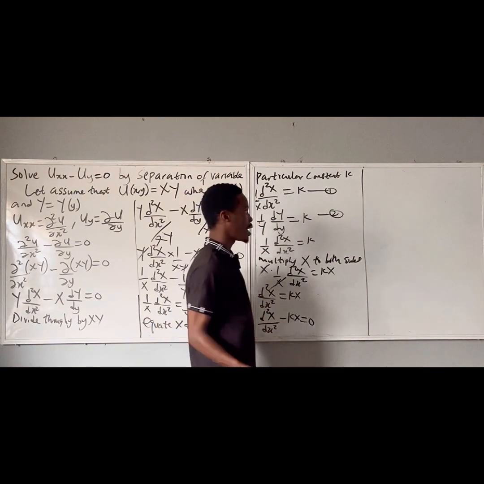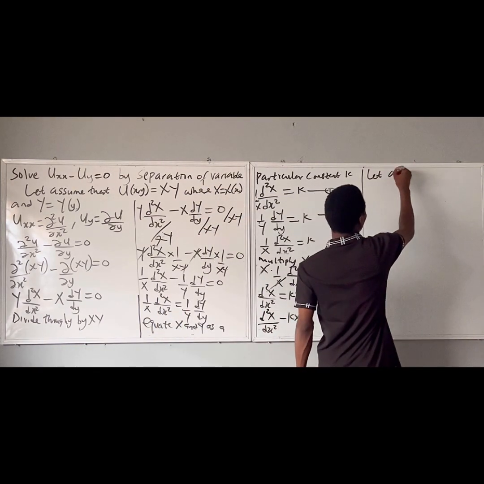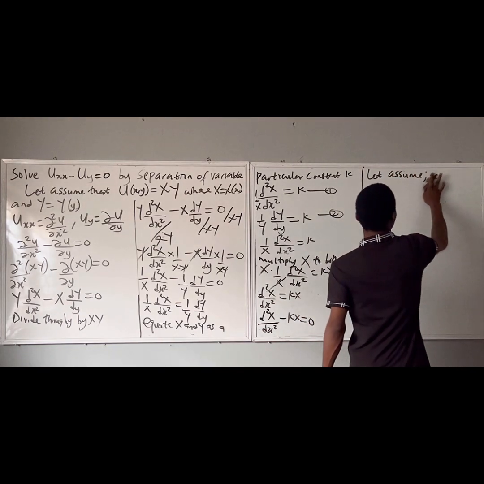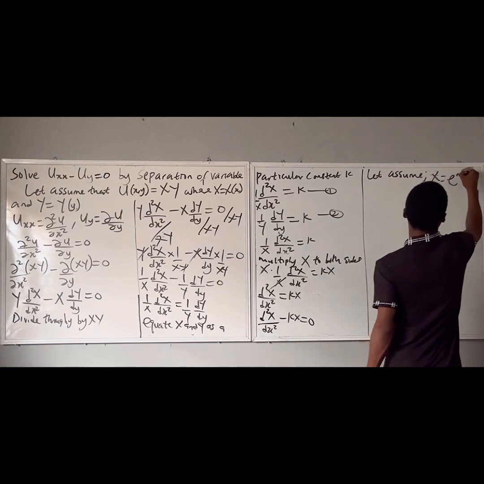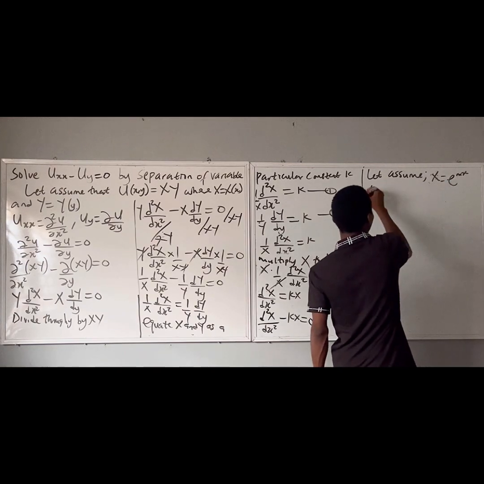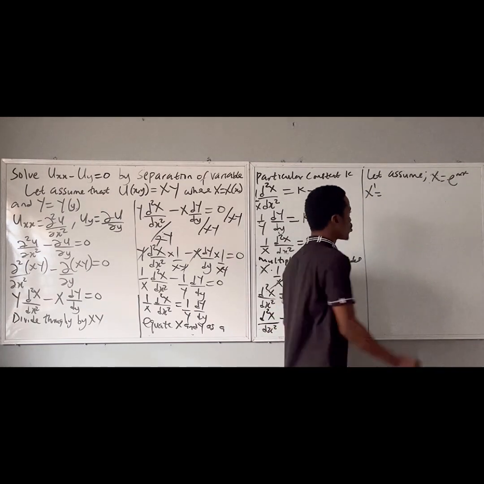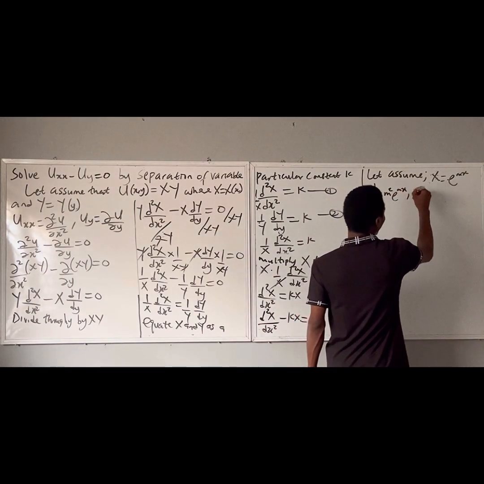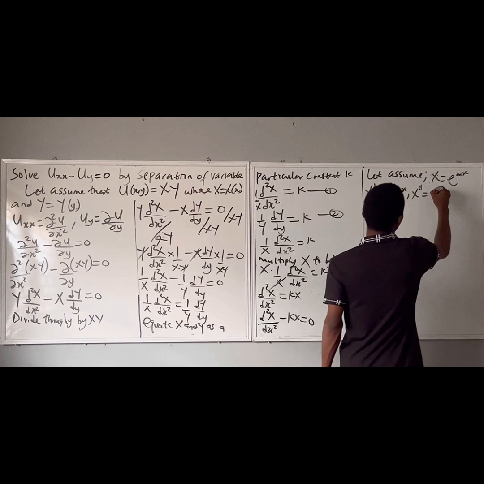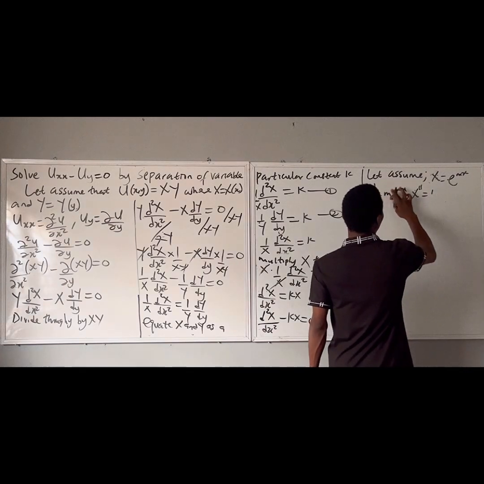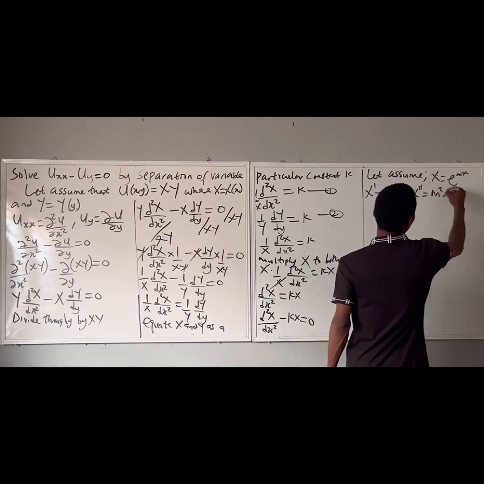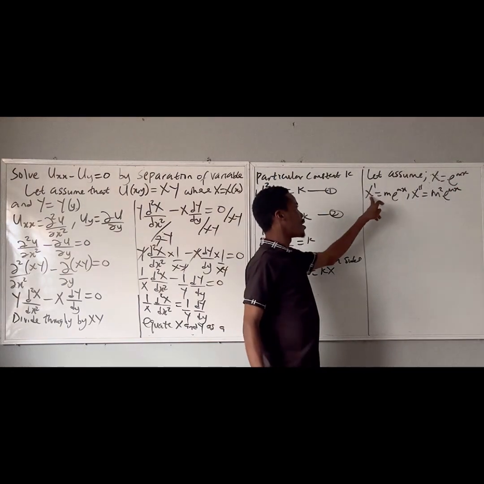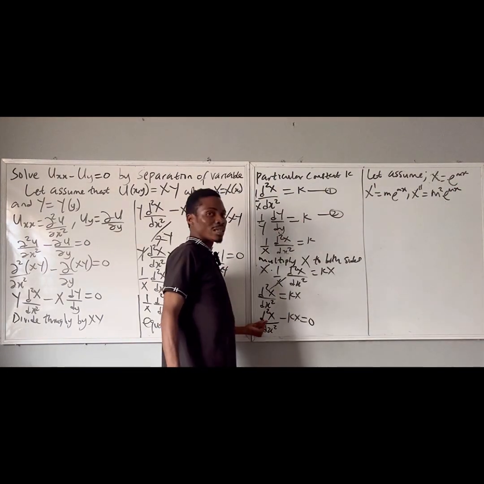So from here, I can now assume that s is equal to exponential mx. If I differentiate this, s prime, I'm going to have m exponential mx. If I differentiate again, s double prime, I'm going to have m square exponential mx.